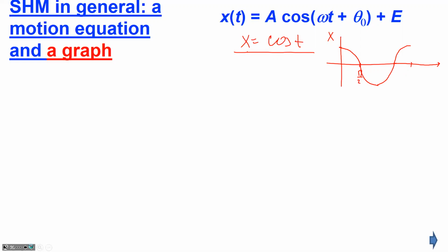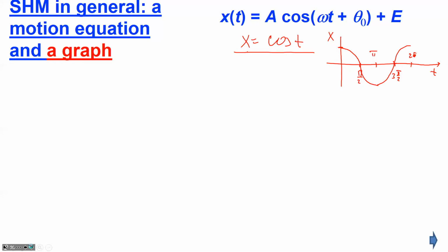So here we've got pi radians, or 180 degrees, this is 3 pi over 2, and this is 2 pi, radians or 360 degrees. Well, we can use radians or seconds. In this case, doesn't matter. This is a pure graph, pure cosine.